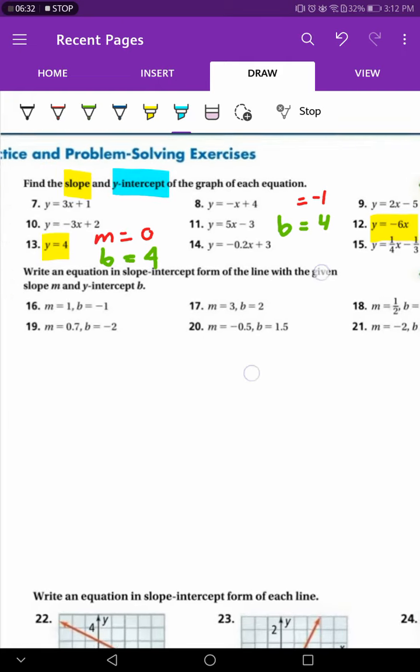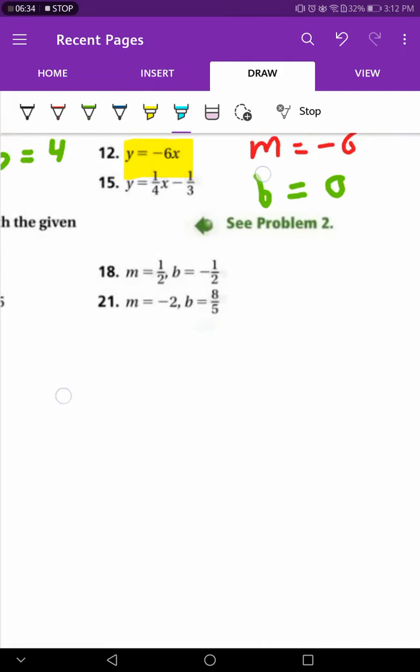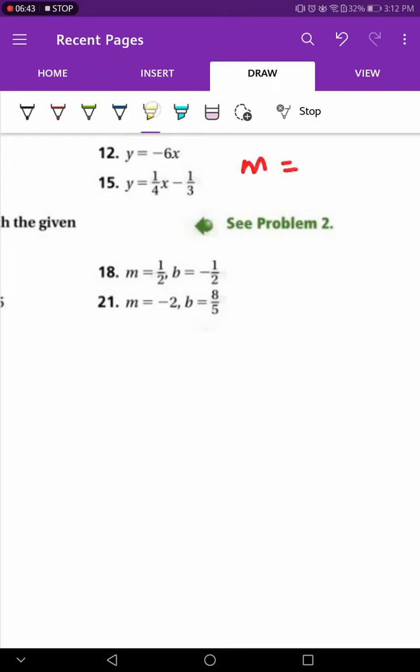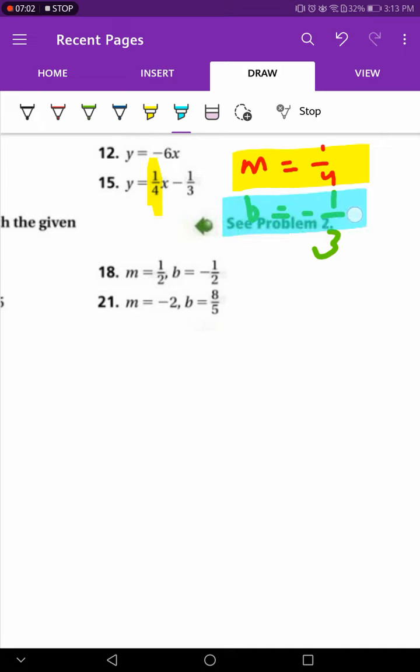Okay, let us take number 15 and move to the next exercise. Now, m is clearly the number that is taken with the x, which is 1 over 4, and the b equals, yes, it is not 1 over 3, it is negative 1 over 3. Be careful. So the slope is 1 over 4, and the y-intercept is negative 1 over 3.